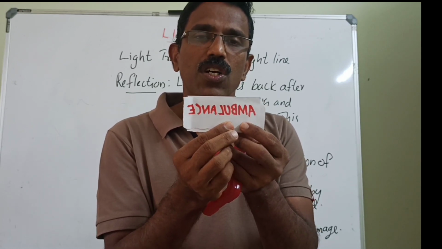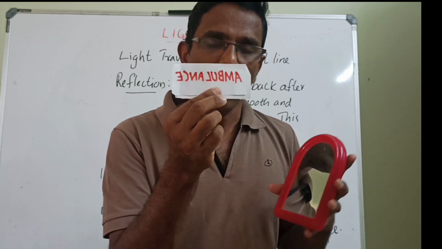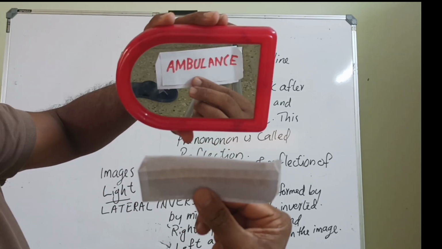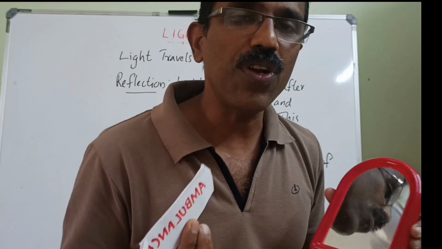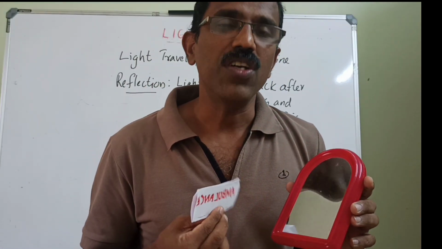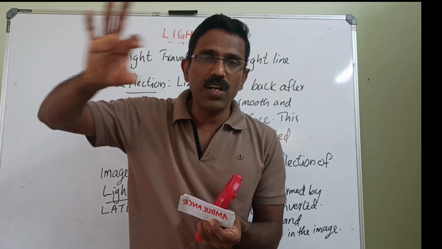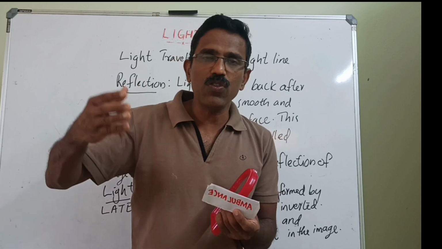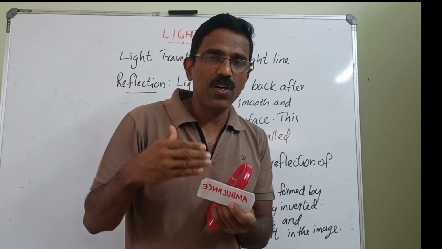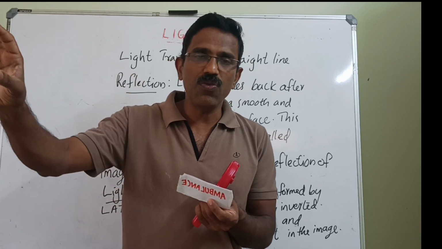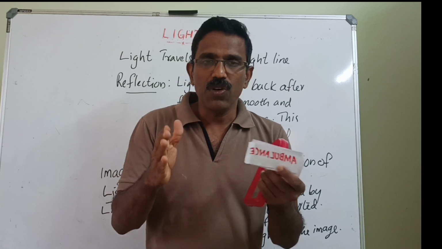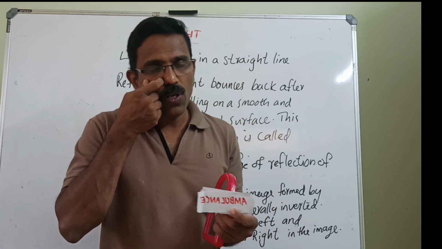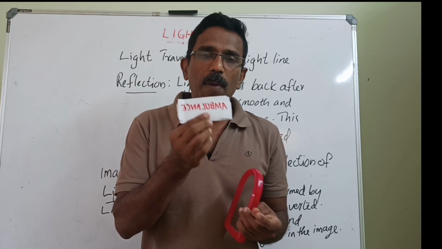But through a mirror, if you observe the same, how does it appear? Could you read the word ambulance very clearly now? Yes. You might have seen that on an ambulance, the word ambulance is written in mirror image manner in the front, so that the vehicles in front of the ambulance can read it very clearly and give space for the ambulance to pass very easily without any problems. That is why it is written in this manner.